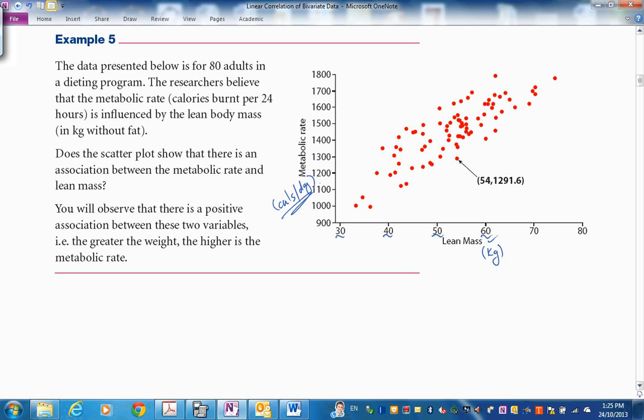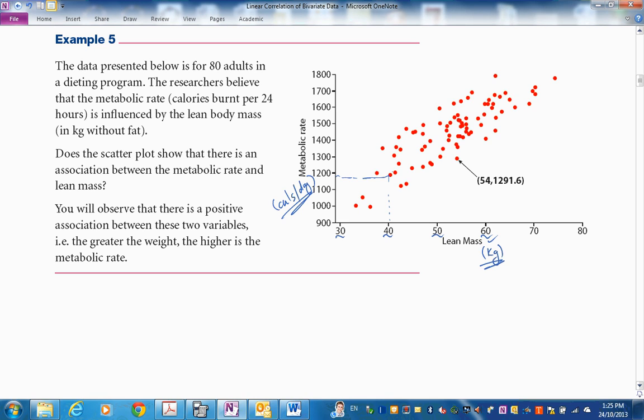We should put those in there. That's important. We've plotted the data, so let's just read a couple of data points off. At 40 grams, the metabolic rate was about 1180 calories per day or something. It's not on graph paper so you can't read it properly.